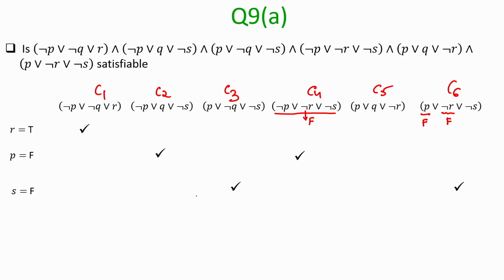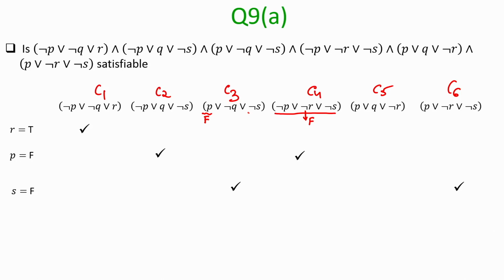So, what I am doing here is, I am not trying to satisfy clause 6 as of now, I am trying to satisfy clause number C3 first. And to satisfy clause number C3, what I observe here is that P is already taking the value false, and Q is not taking any value as of now. I have not assigned any value to the Q.